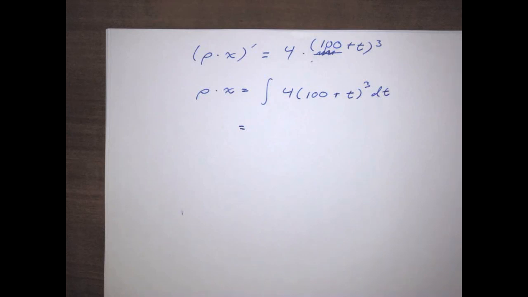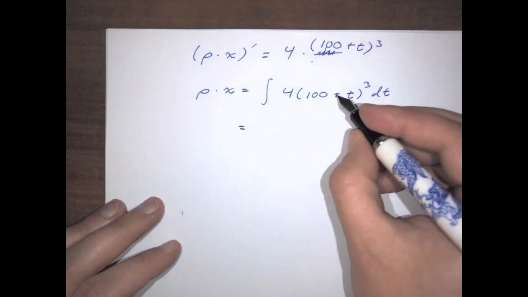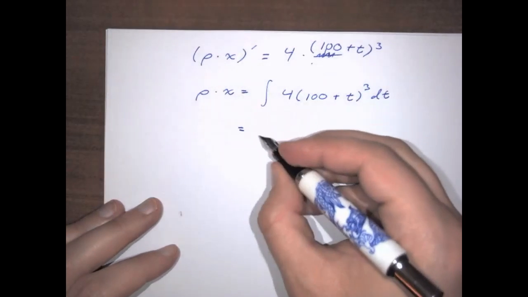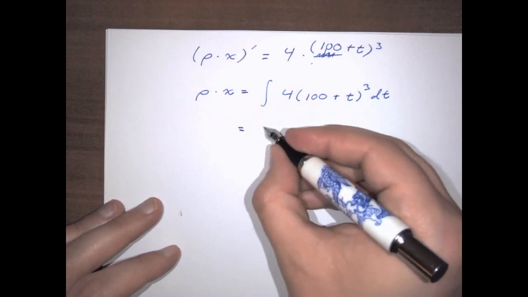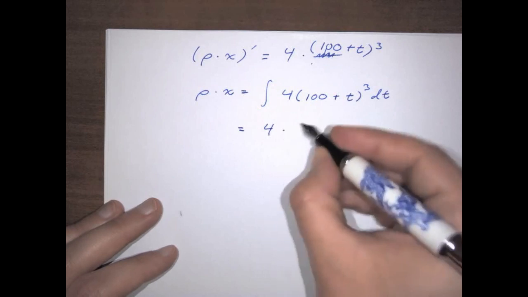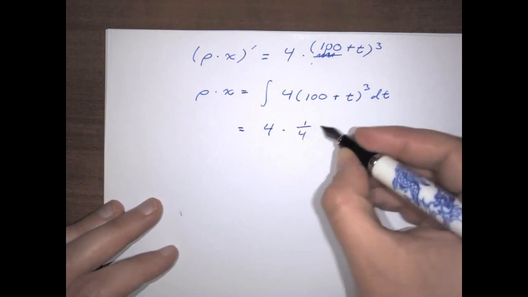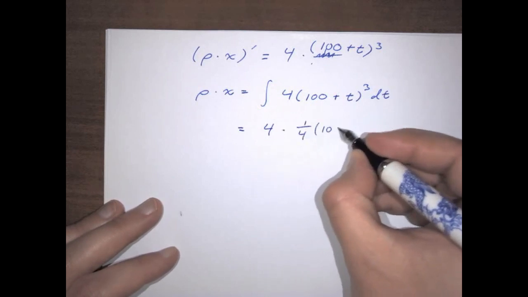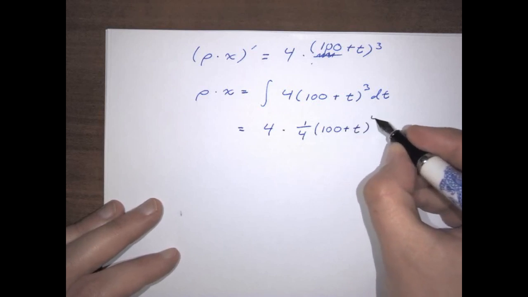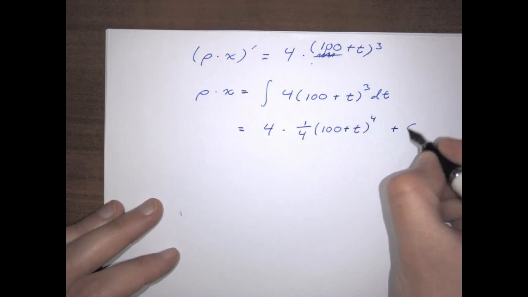And once again, this is going to be a u substitution with a nice u of 100 plus t, and so that's going to give us just 4 times 1/4 times 100 plus t to the 4th plus c.